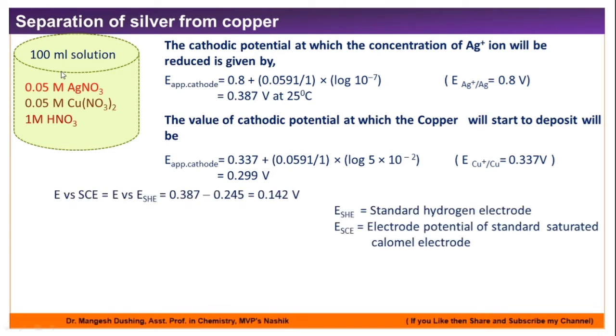So E versus saturated calomel electrode is equal to E versus standard hydrogen electrode minus the potential of the calomel electrode. So these are the standard values: 0.387 for this electrode minus 0.245 is equal to 0.142 volt.